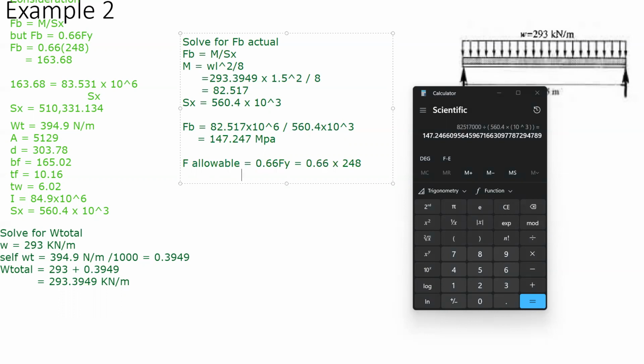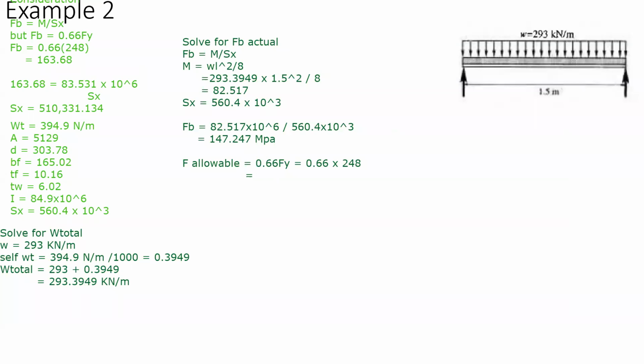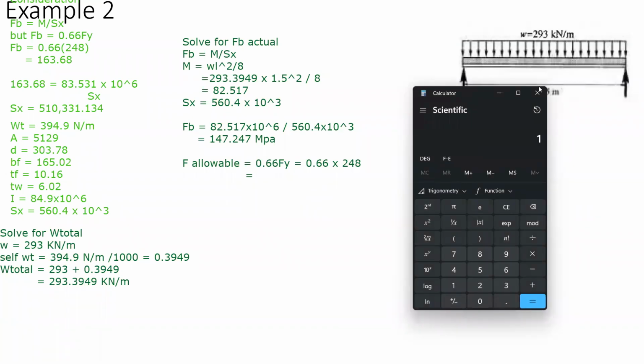So our F allowable would be equal to 163.68 megapascal.